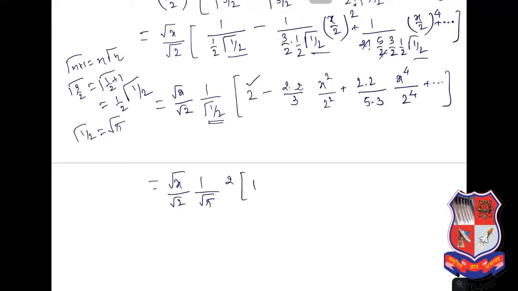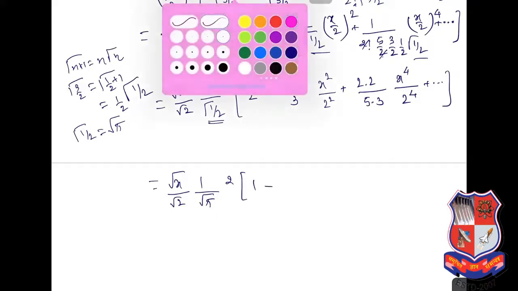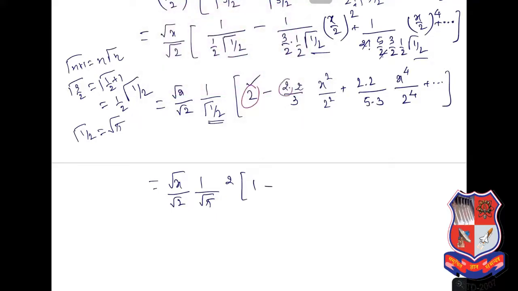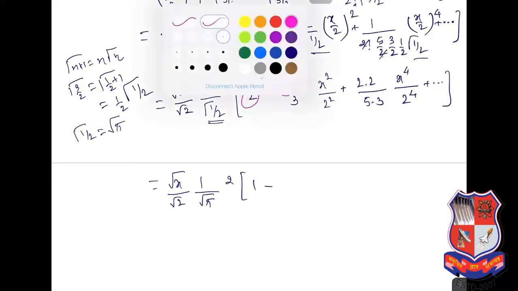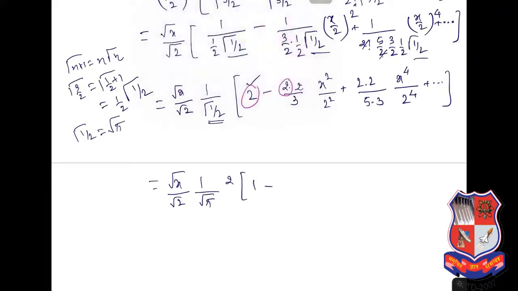So if I take 2 outside, so here it is 1, so we have taken 2 outside, so this 2 also outside, so remaining is now x square over, now see x square, 1 2 will be getting cancelled here, so 1 2 is there and 3 is there, so that is 6, and 6 can be written as 3 factorial.